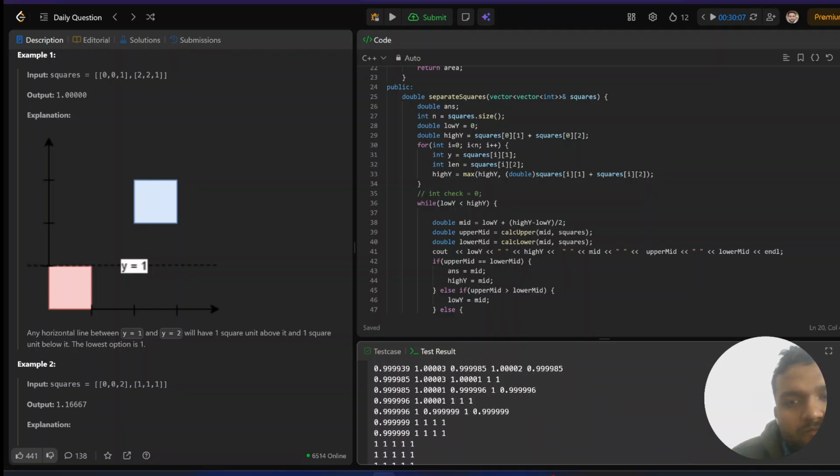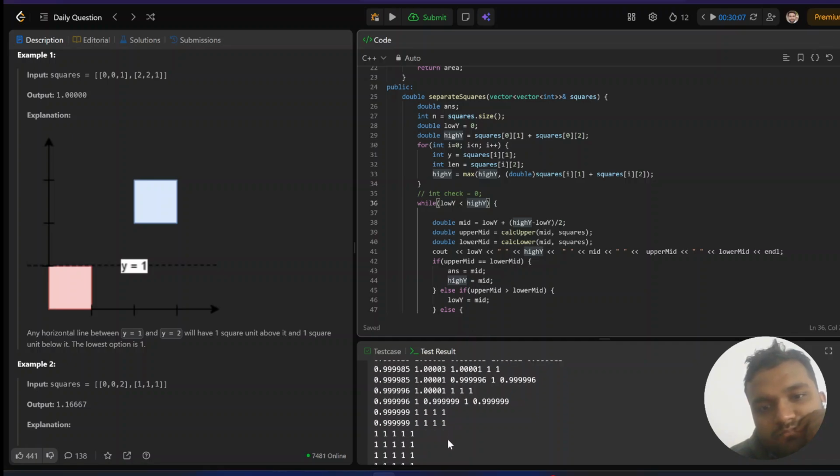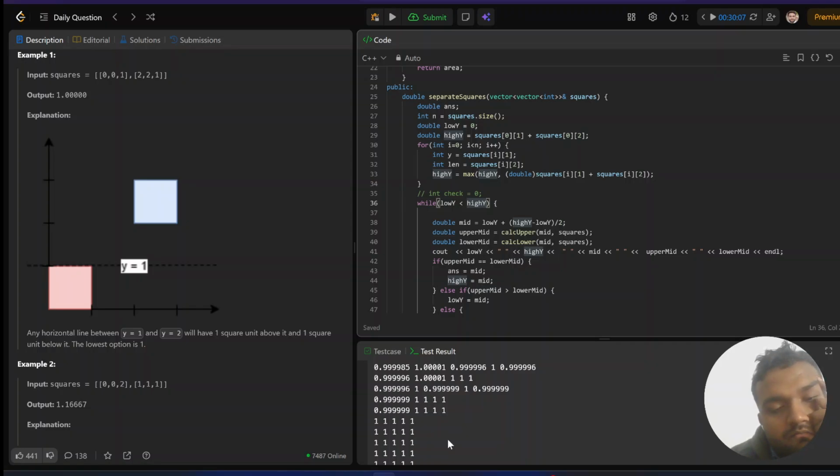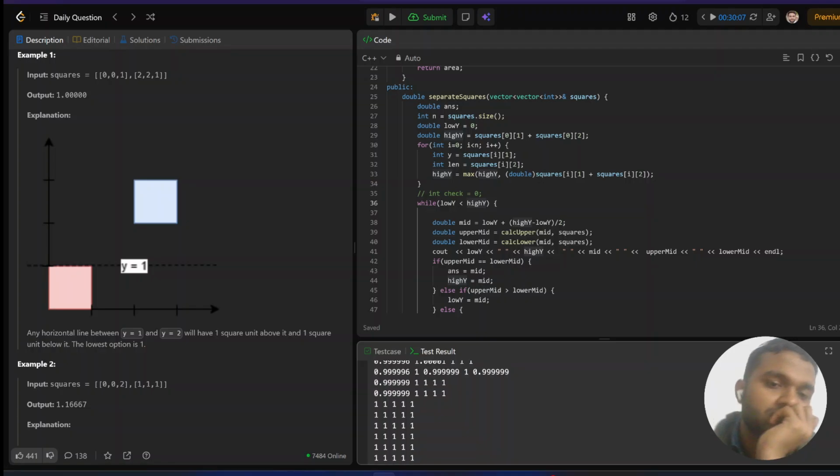It should stop because the loop will continue while low is less than high.